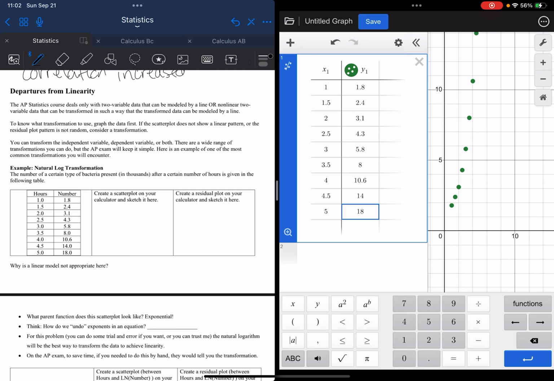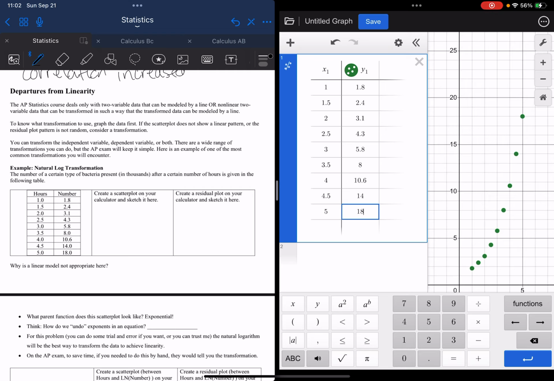And then I'm going to hit that magnifying glass with the plus sign so I can make it look like how it looks on here.